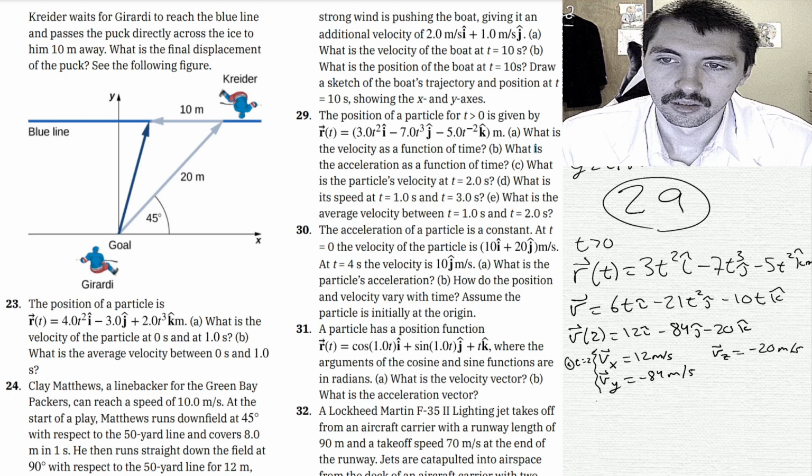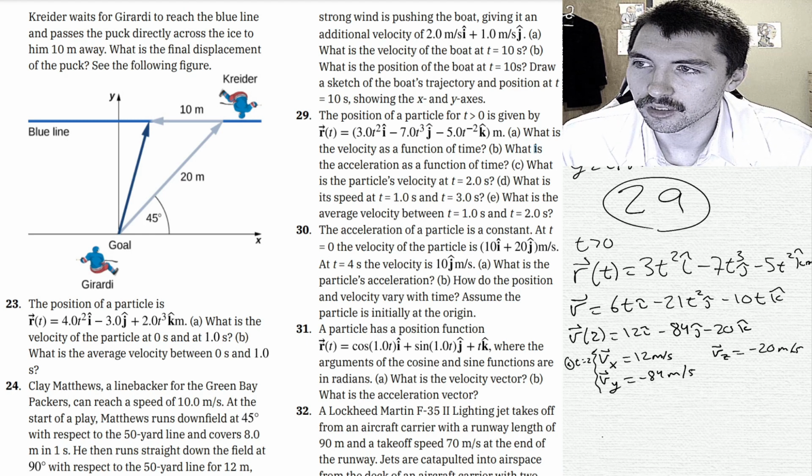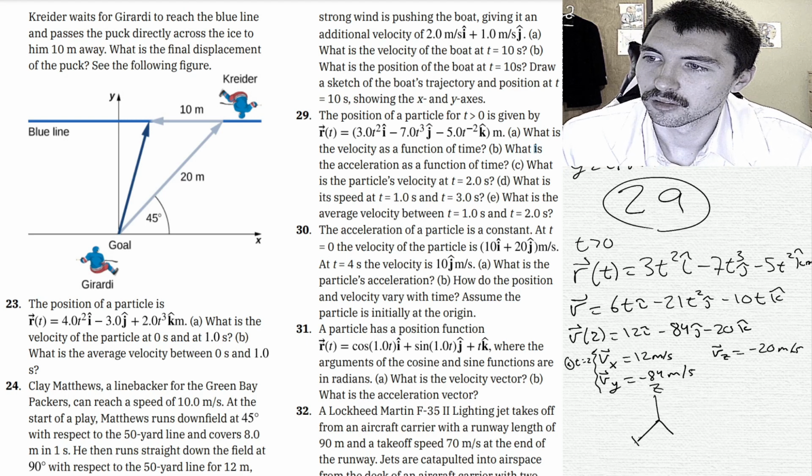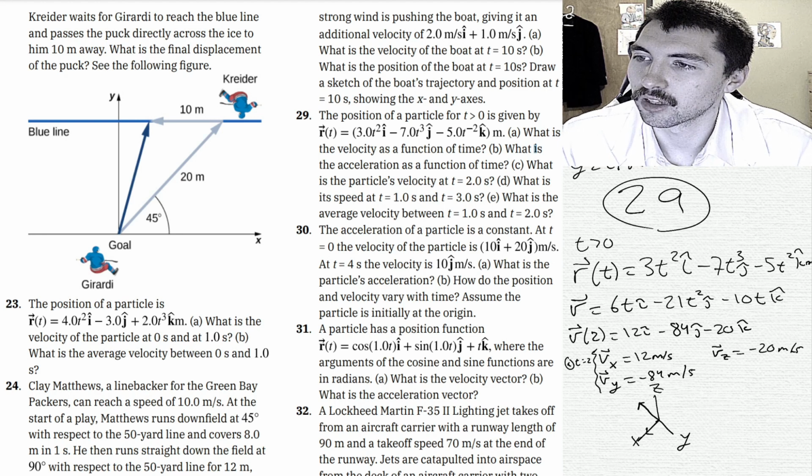Okay. So you can see, if it's going 12 this way, it's being accelerated this much in this direction, being decelerated this much in that direction, then it's slowing down this much in the z direction.